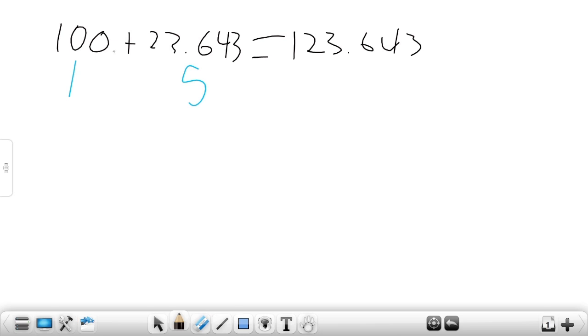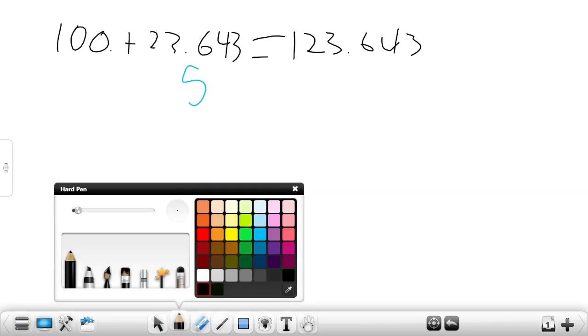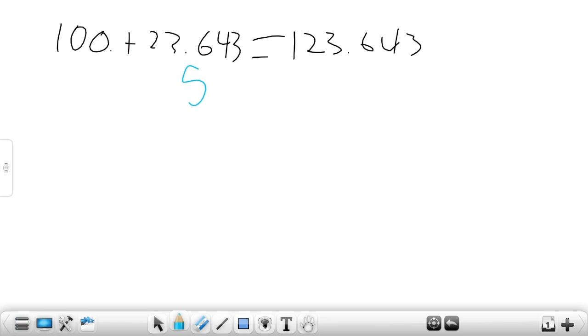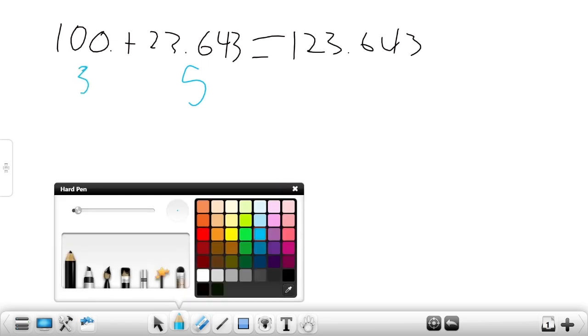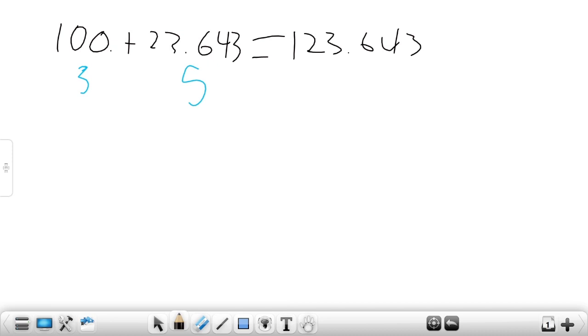This should be 100 point, so this should actually be 3 significant figures. I'm reading my notes wrong. Apologize. So we're going to round this to 3 significant figures. We can just round up to the nearest whole number for that. We'll get 124, and that's rounded at 3 sig figs.